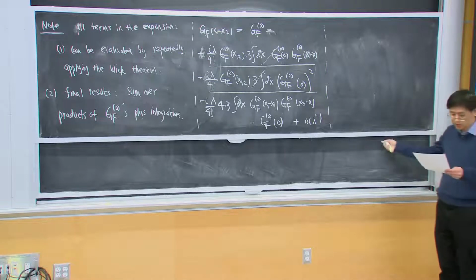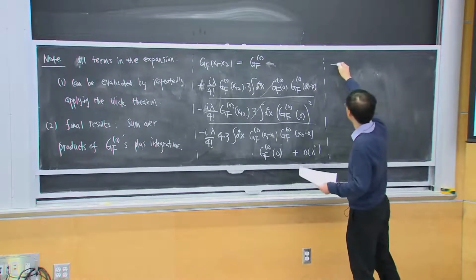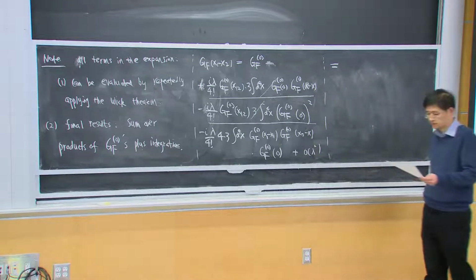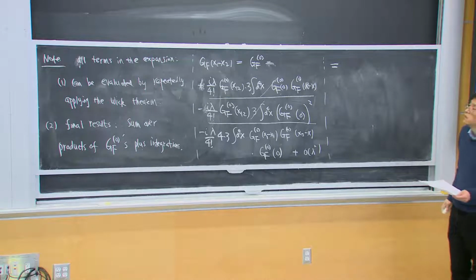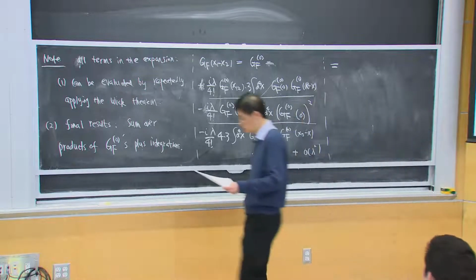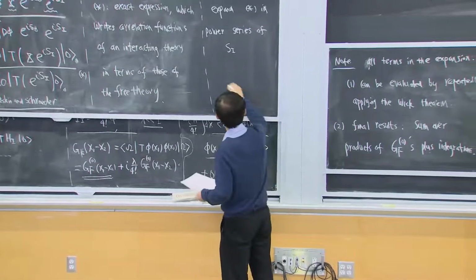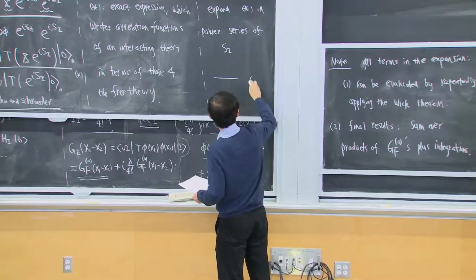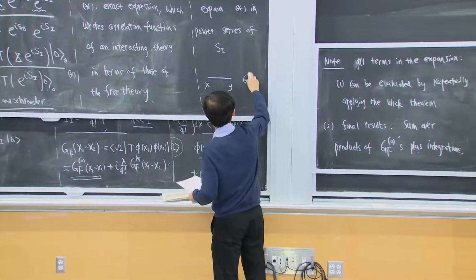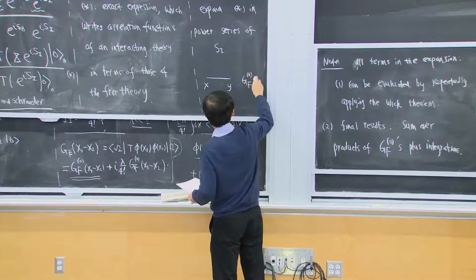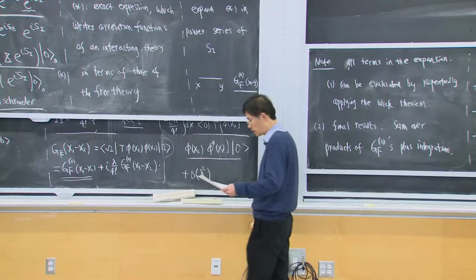So this procedure can actually be represented diagrammatically, and I will just introduce a single line for G_F(x, y), for G_F(0, x minus y). So I will just represent the line like that.